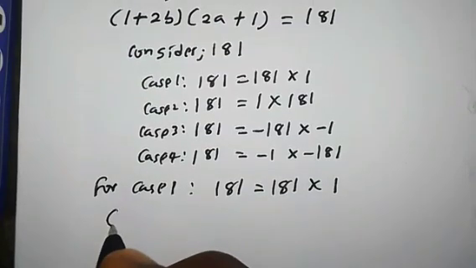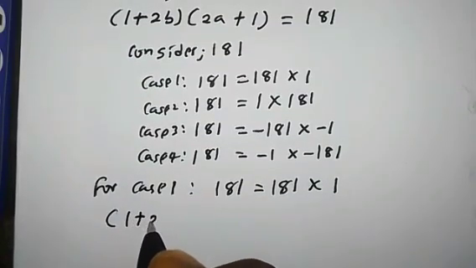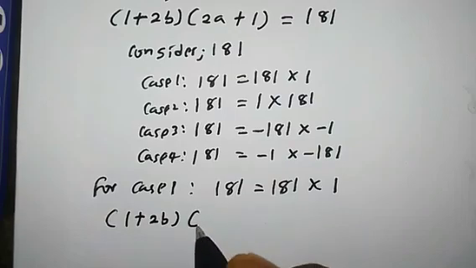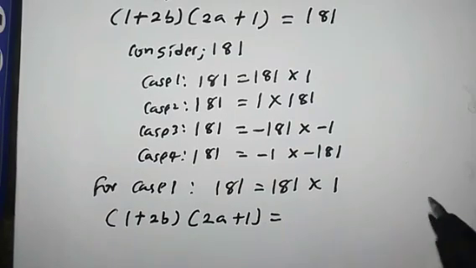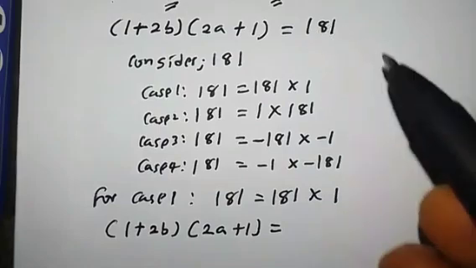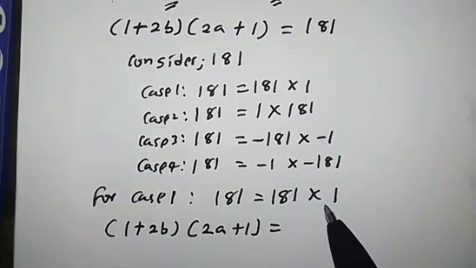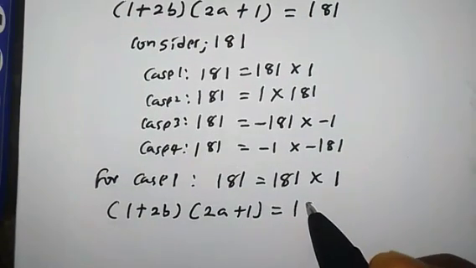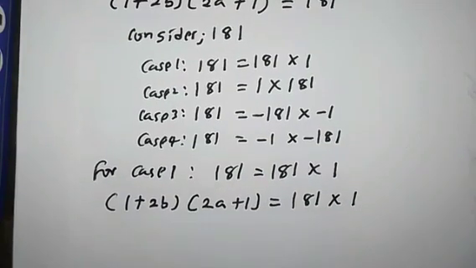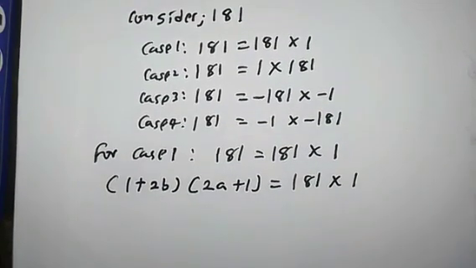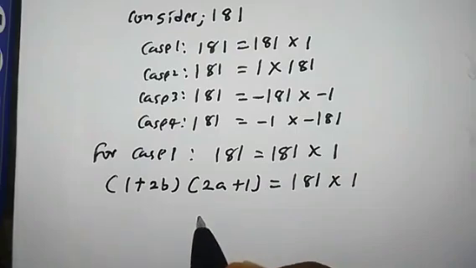Doing that, we have 1 plus 2b times 2a plus 1 equal to, in place of 181, we write 181 times 1. Now, let us compare.